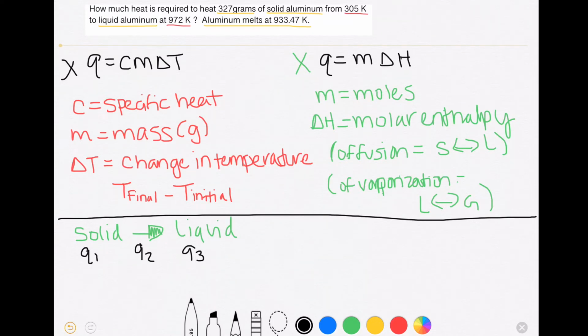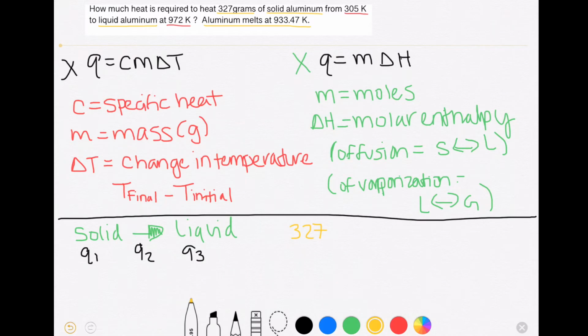For adding heat, I'm going to start with my smallest temperature and line them up in order from least to greatest. If you're working a problem where it asks how much heat is lost, that means you're removing heat from the substance, and in that case you would line your temperatures up from the greatest temperature to the least temperature.